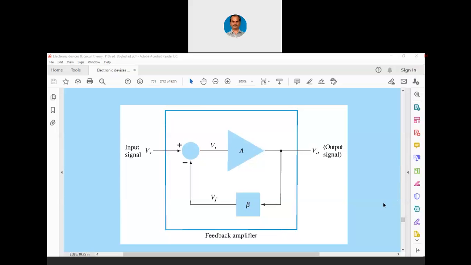Otherwise, if you use the same transistor in the cutoff and saturation regions for a BJT, or in the cutoff and ohmic regions for a JFET, then it is a digital circuit. Then we simply put a small circle or bubble indicating that it is an amplifier used as an inverter, or a logic gate. Otherwise, internally the device is the same. It is the transistor itself, which we use as per our application.